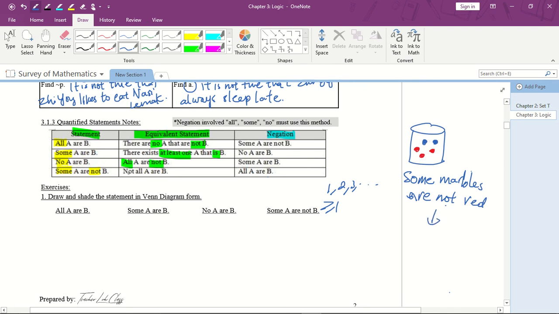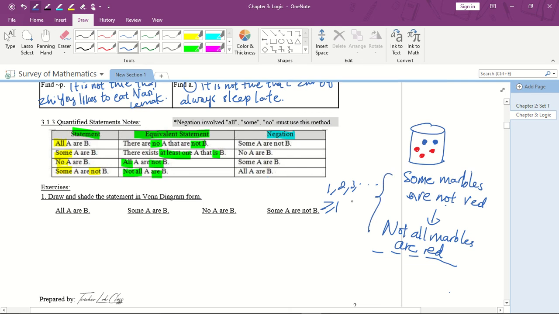The equivalent way of writing this statement is not all A are B. So it means not all marbles are red. It makes sense, right? Not all marbles are red because there are two blue marbles.